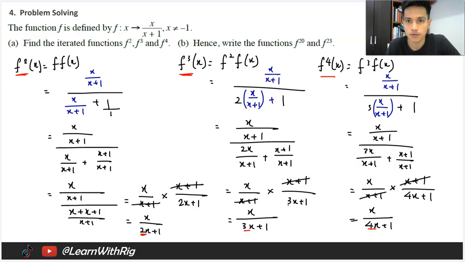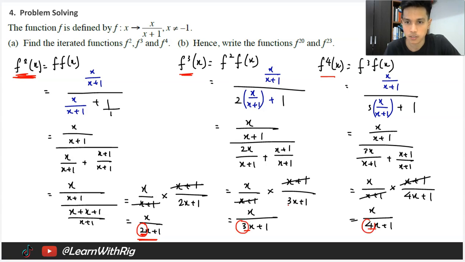Hence, write the function f20 and f23. Right? You cannot be counting all the way to f20. So for you to solve this, you have to understand the relationship between this and this. Since you know that the only thing that is changing is this, correct?